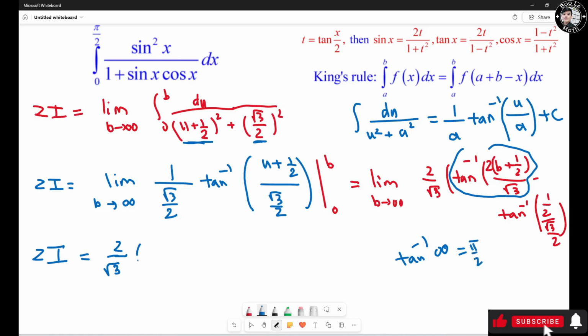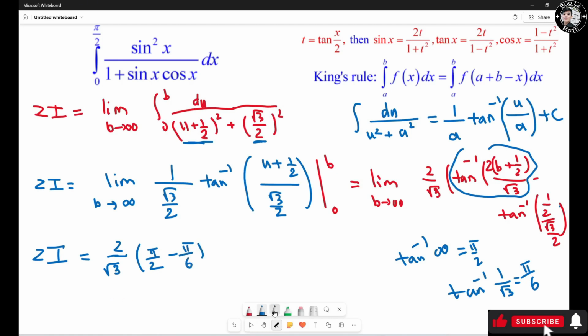So I have pi over 2 for this. Now for the second one, I multiply the top and bottom by 2, so I have tangent inverse of 1 over root 3, and it's going to be pi over 6. So I subtract pi over 6.